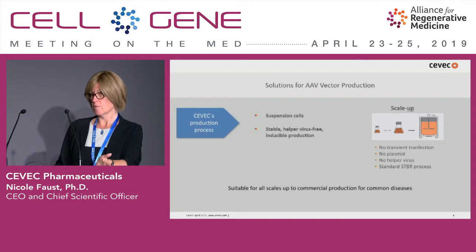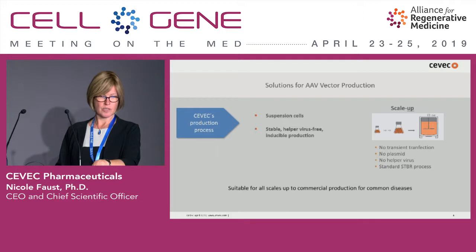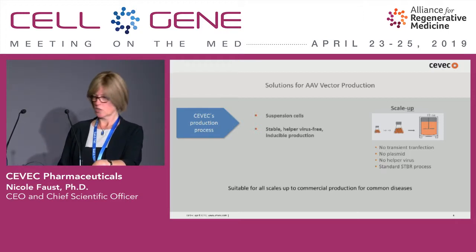You don't need helper viruses. You don't have to remove the helper virus and do the corresponding analytics. And the whole process can be run in a standard stir tank bioreactor process. This makes our stable system suitable for all kinds of different indication areas and diseases, from early phases of the project to later stage commercial production.